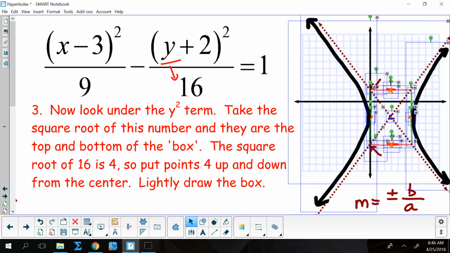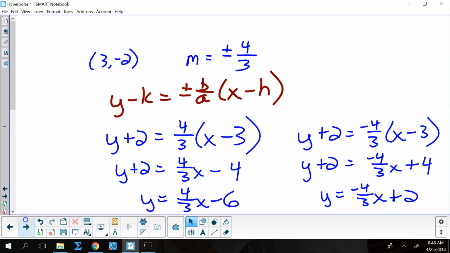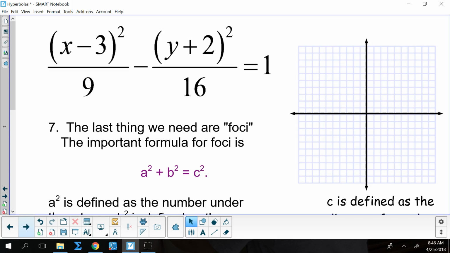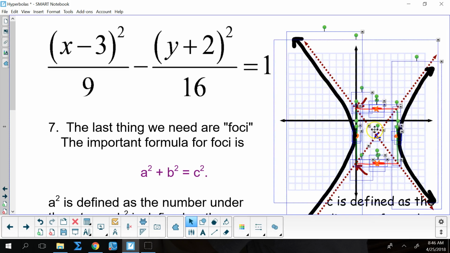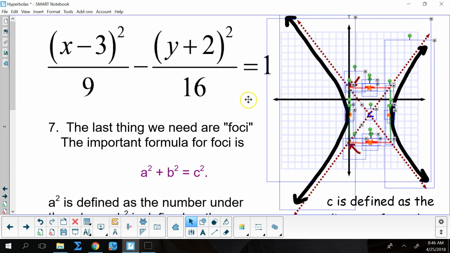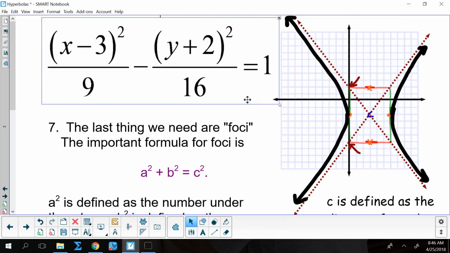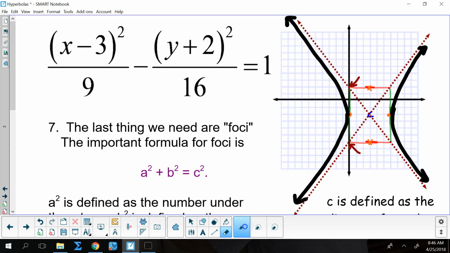Hoping I got everything. That way I don't have to redraw it. Math trick 101.